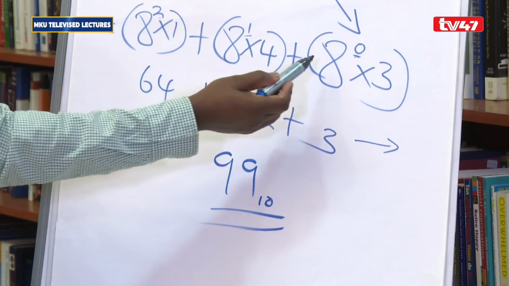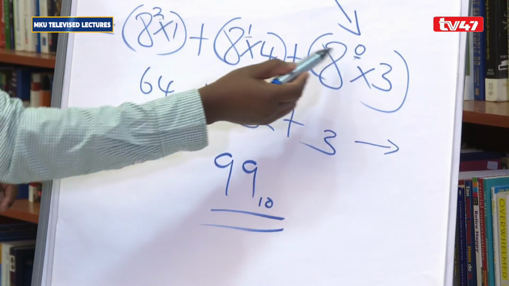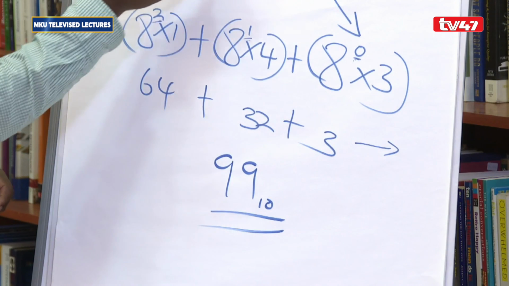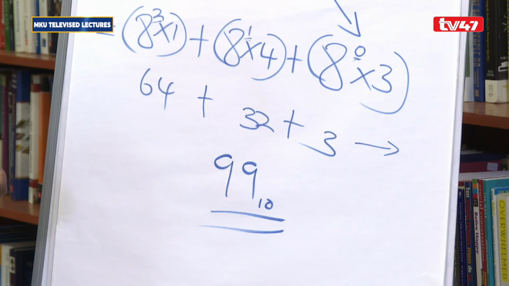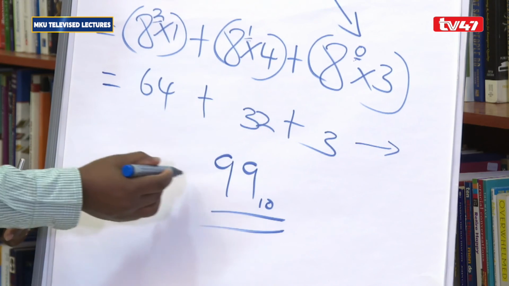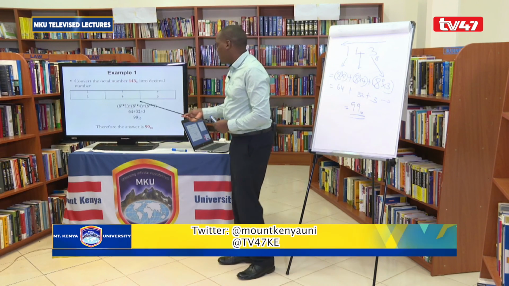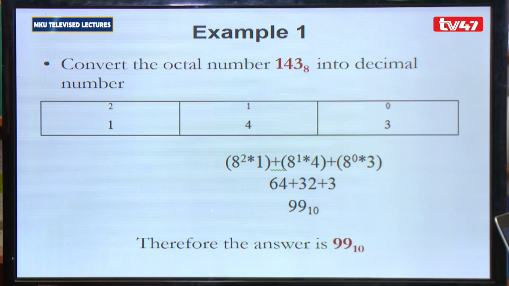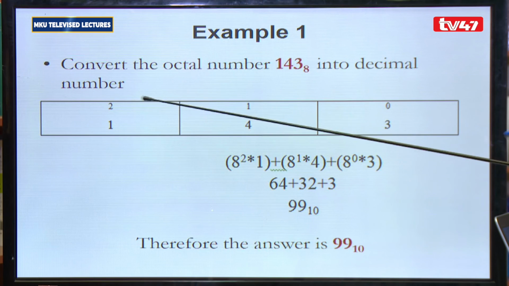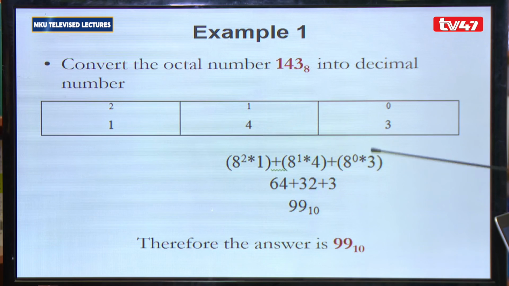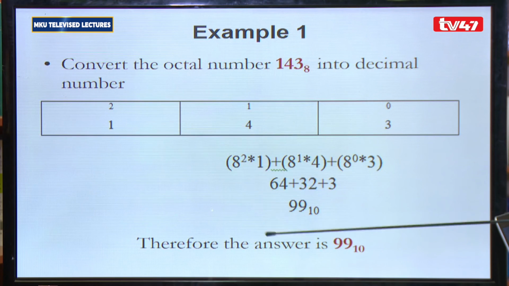So you expand using base 8 from power 0 as the powers increase, and as we pre-multiply with these numbers, you add the values together to get the required decimal number. That is exactly what is in this particular table here. This represents the power of 8. 8 to the power 0, 8 to the power 1, 8 to the power 2. As we pre-multiply with these numbers here, power 0 times 3, 8 to the power 1 times this 4, 8 to the power 2 times this 1. And we end up with 99 base 10.